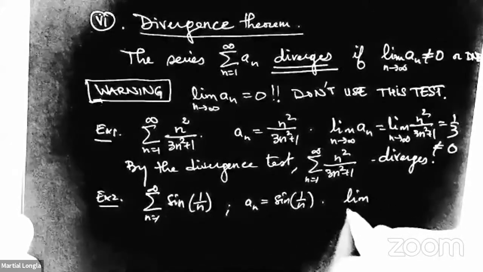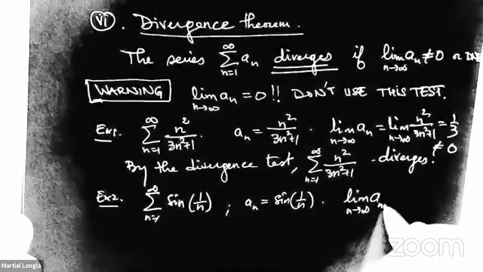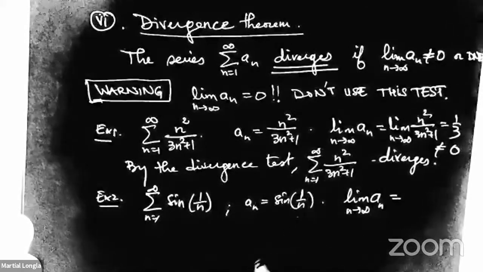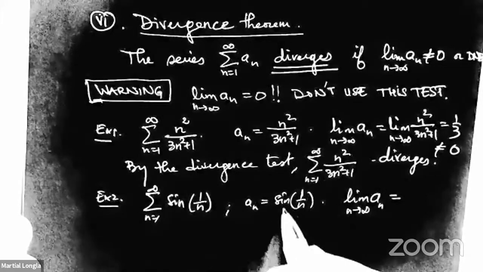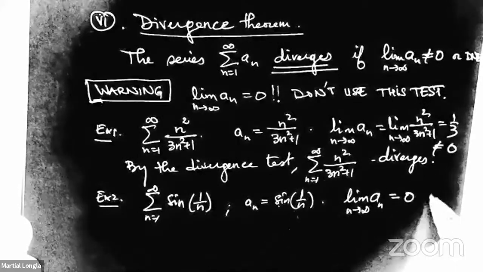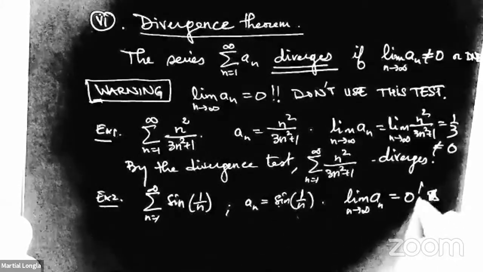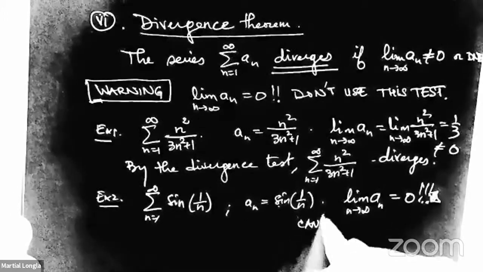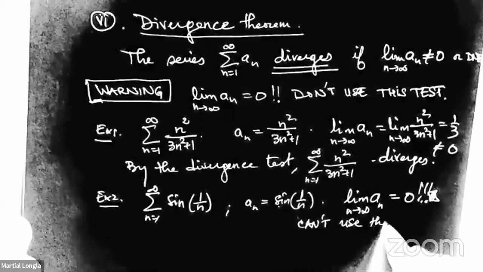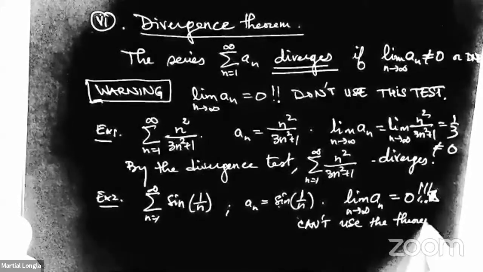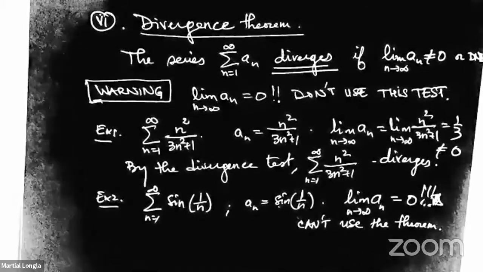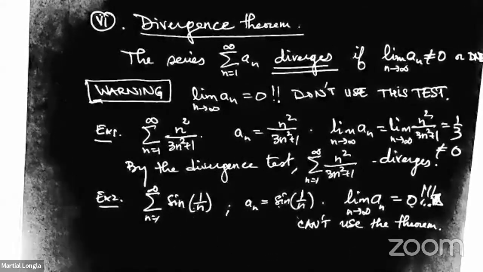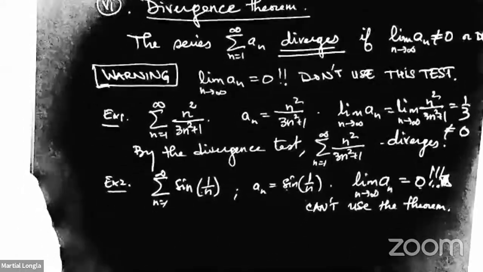Limit as n goes to infinity of a_n equals, when n goes to infinity, 1 over n goes to 0, sine of 0 is 0. Oh, that's the warning. So we can't use the theorem. You got to use something else. Because this limit is 0, you cannot decide whether this series converges or not.